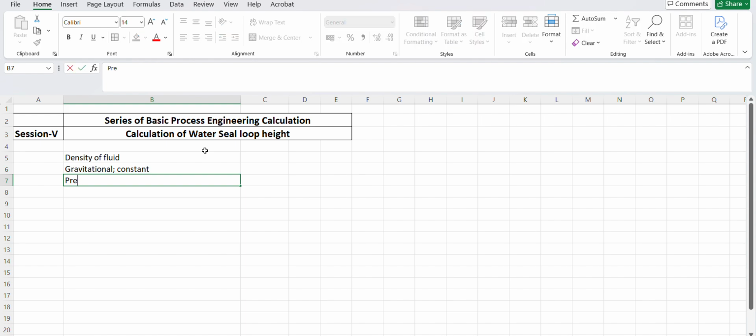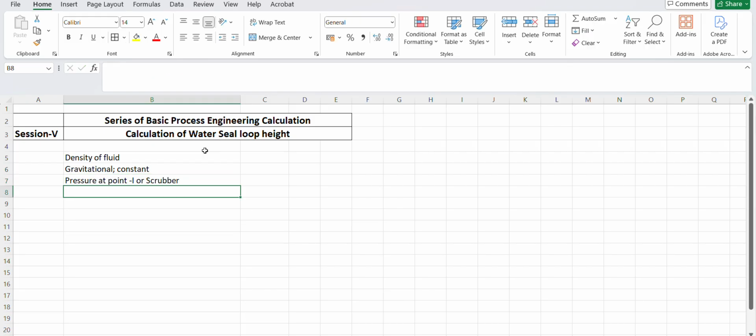We will mention it as pressure at point 1, the reactor side or scrubber, and second, pressure at point 2, the reaction or process area.